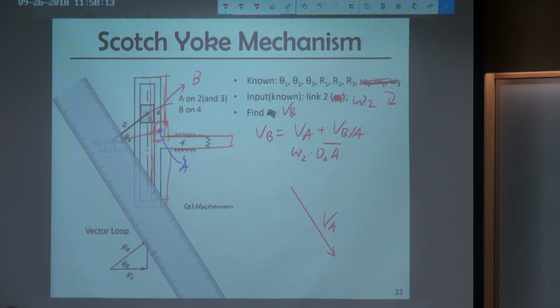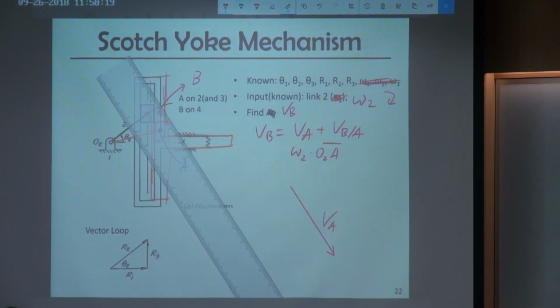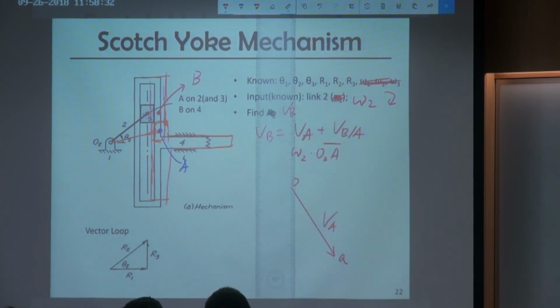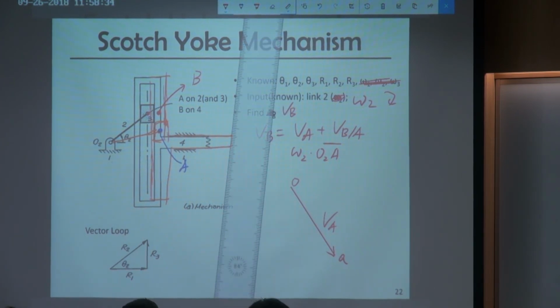I just randomly draw the magnitude, because I didn't provide a number here. I also label this point O and point A. Now I also need to find VBA and VB in order to complete this polygon.